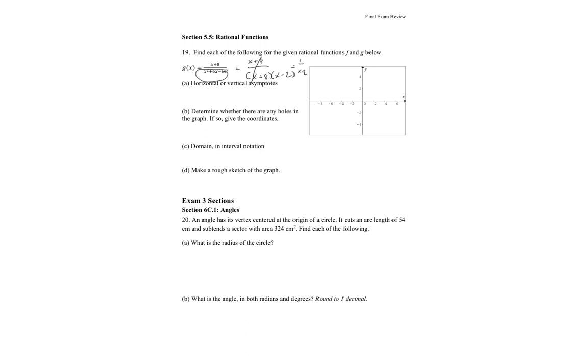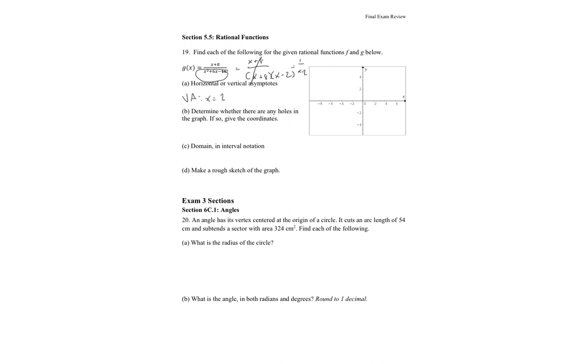Since we have 1 over x minus 2, to find our vertical asymptote, we can set the denominator equal to 0 and solve. That'll be x minus 2 equals 0, or x equals 2, which means we'll have a vertical asymptote at x equals 2.